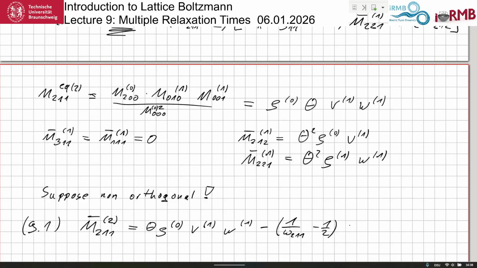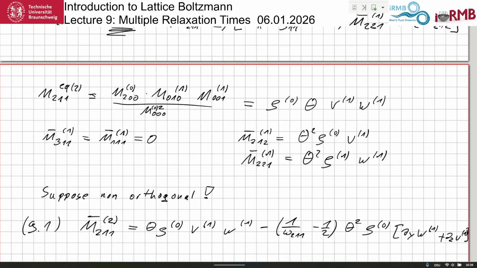And what we identified further on was theta square rho 0, and here we get the derivatives of these moments. I put theta square and rho in front because they are constant. So what is it? dy W to first order plus dz V to first order.